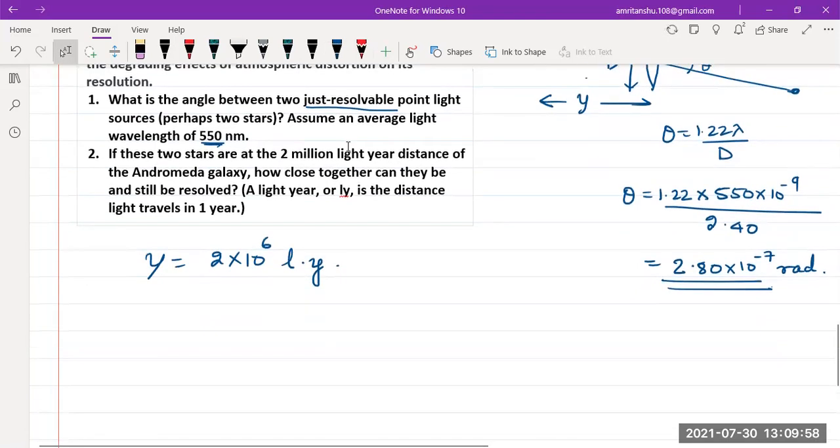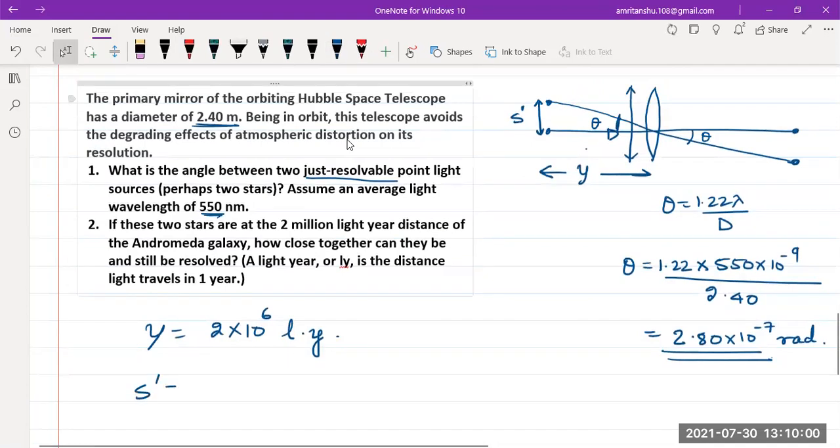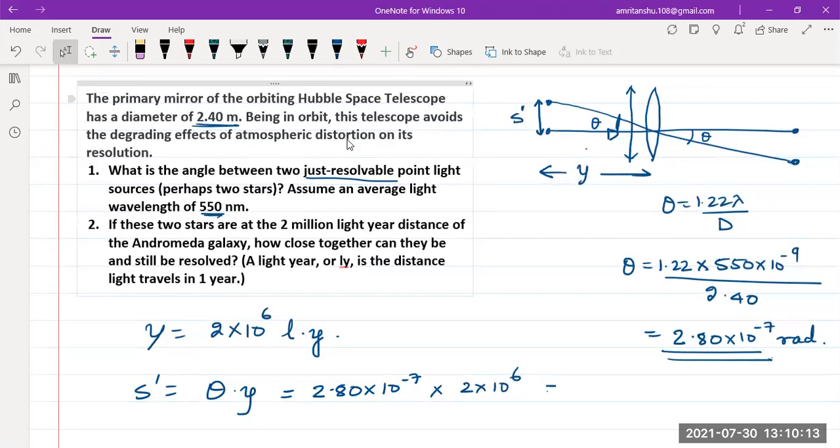Now s dash equals theta into y, which is 2.80 into 10 raised to minus 7 into 2 into 10 raised to 6, which happens to be approximately 0.56 light years.